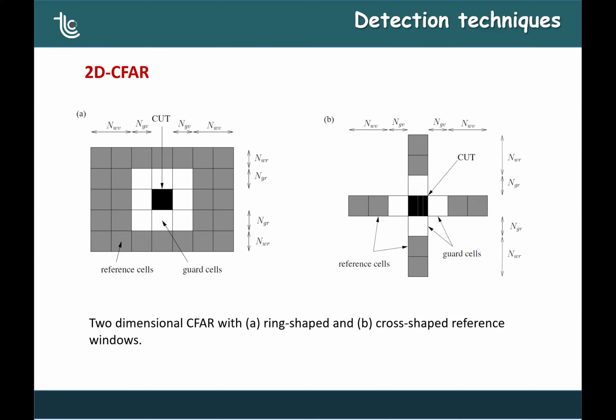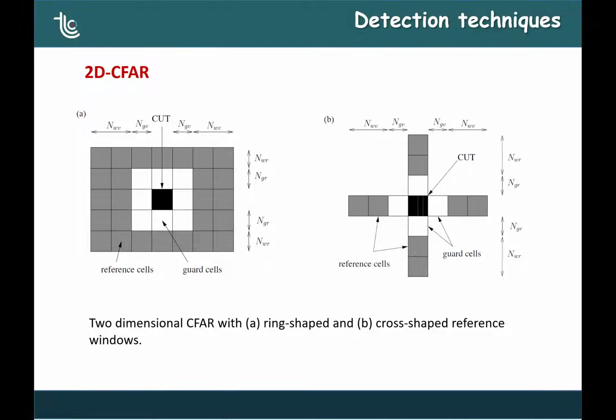Then we can use the samples in the frequency domain, in the close range frequency bins, and some samples in the surrounding range cells to estimate the power of the noise.